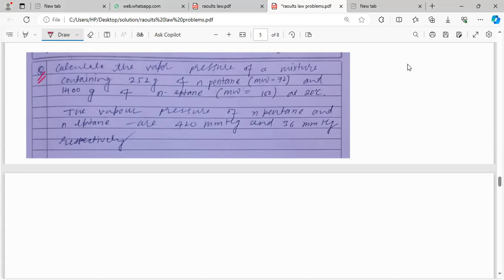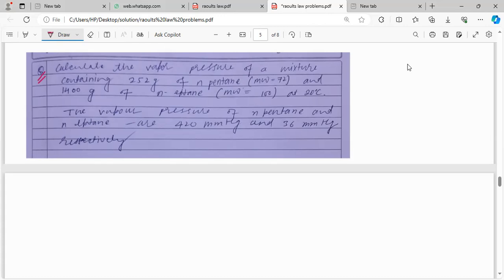I can do this now. Okay, then do. So the formula for N-pentane is C5H12.